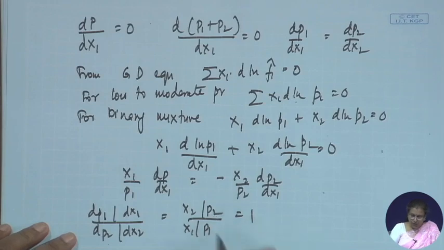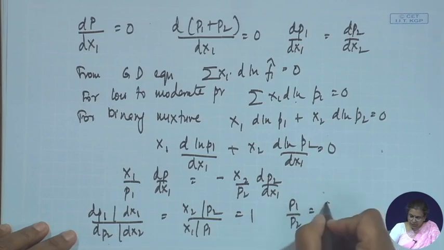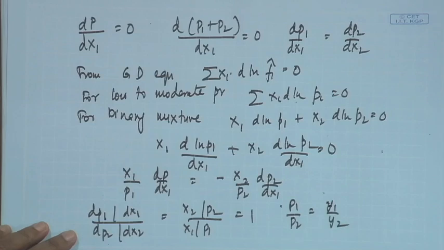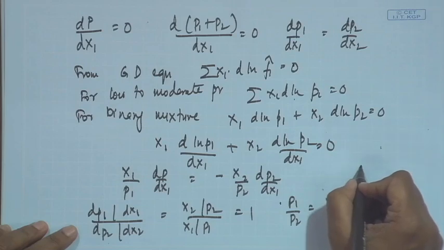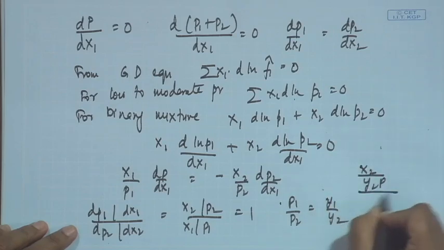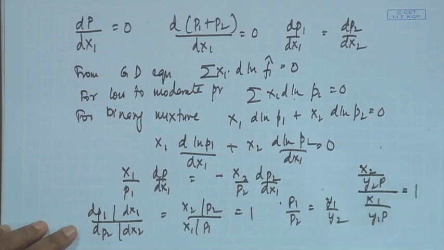Now, what is this P1 by P2 equal to? This P1 by P2 is nothing but y1 by y2, isn't it? Because it is important to remember that we can substitute these Pi's with yiP. So, therefore, what do we get? We get (x2/(y2P))/(x1/(y1P)) equal to 1.